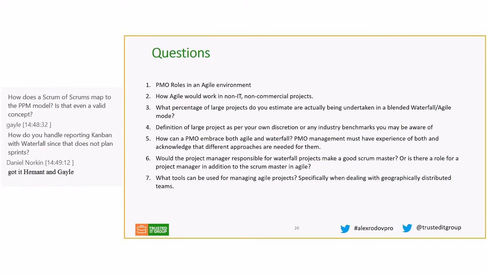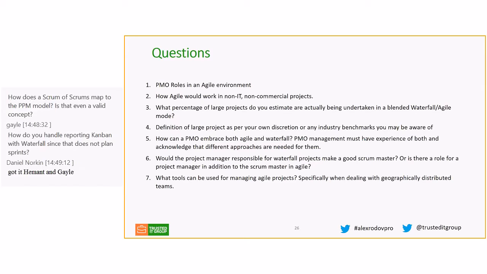Scrum Master is like a couple-day class, and then you become a Scrum Master. At least it's harder to get a PMP. So if I were in the PMO, I would stick to more complex certifications that allow people to be more skilled in their careers.